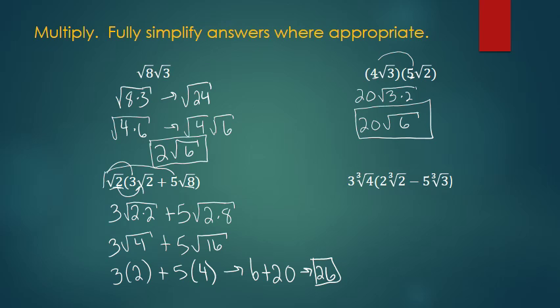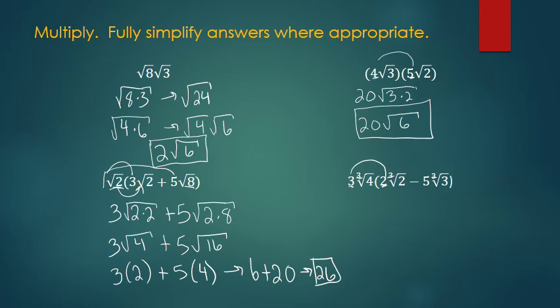All right, so the next one, we have cube roots, and the key is that all of them are cube roots. So I can go ahead and distribute to everything. If they weren't all cube roots, then they would just end up sitting next to each other. I couldn't actually combine them. Okay, so like on the previous one, I've got numbers on the outside, so I need to multiply those first.